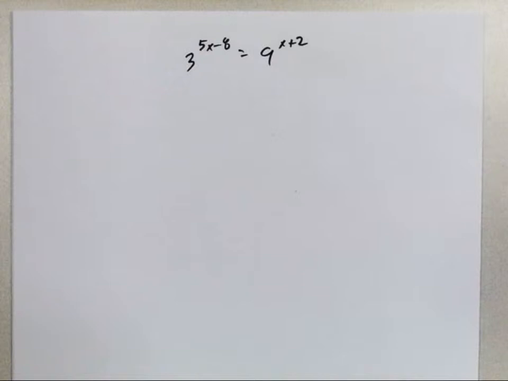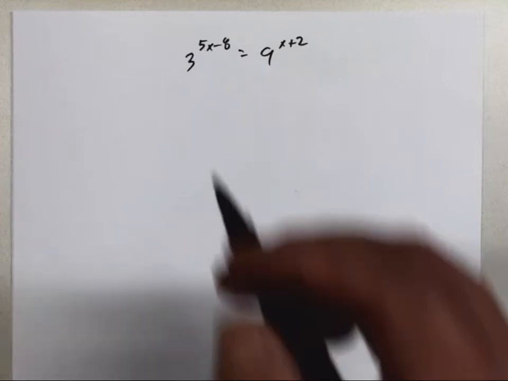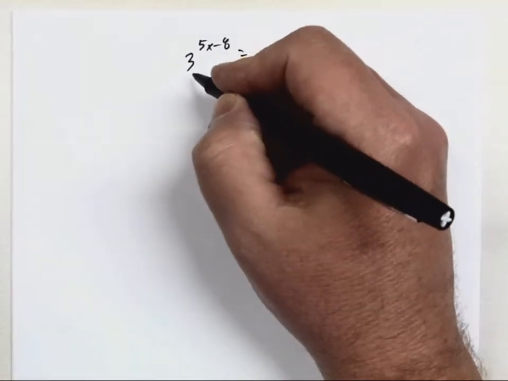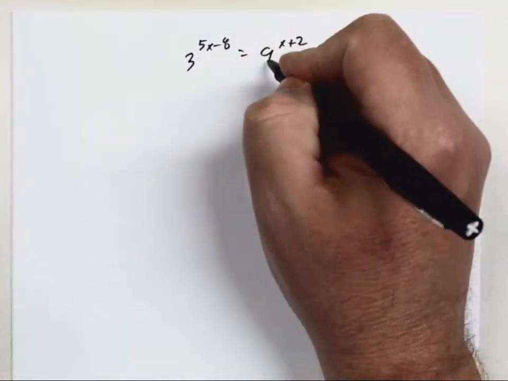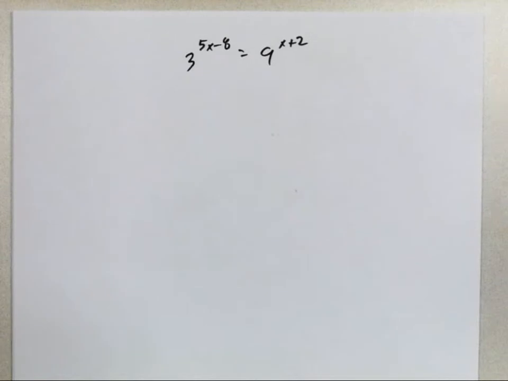So I notice, okay, I have some exponential functions. Now the first thing I'm going to try and look at, because it's usually easiest, is do I have the same base? On the left-hand side, the base is 3. Right-hand side, the base is 9.